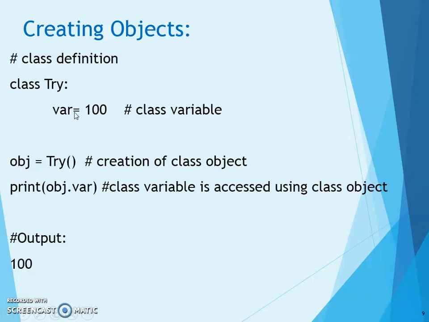So to access this, we have to write the object name, dot operator, and the name of the variable, that is obj.var. So we are using the class object to access the variable that is defined inside a class. So we will get a result as data 100.